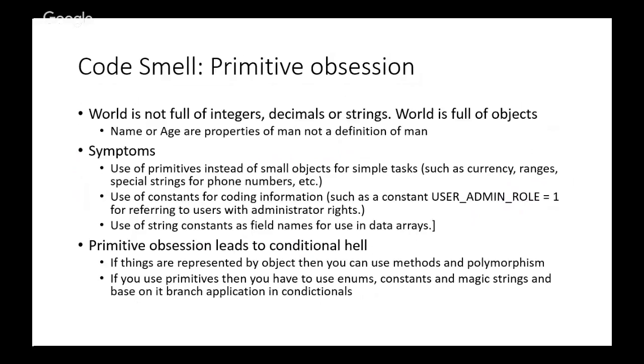So there should be an object human with these properties, and not, like, use a parameter of the method like age. When we use the parameter age of some method, it's a primitive obsession. We should use the parameter human.